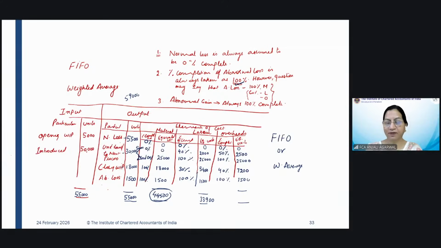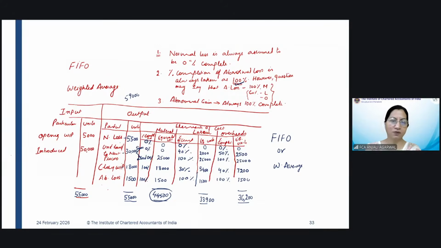Overheads: 25,000 plus 2,500, 27,500, 27,500 plus 7,200, 34,700 and 1,500, 36,200. So this is the equivalent units as far as material, labor, and overheads is concerned.